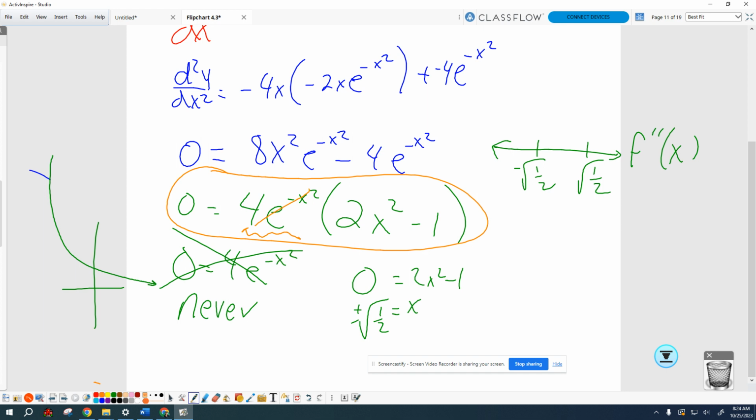So putting in negative 18 million, what do I get, positive or negative? Positive. Putting in 0, negative. Putting in positive 5,000, a positive. So Eitan, what's the conclusion? Where are my inflection points? Plus or minus root 1/2.